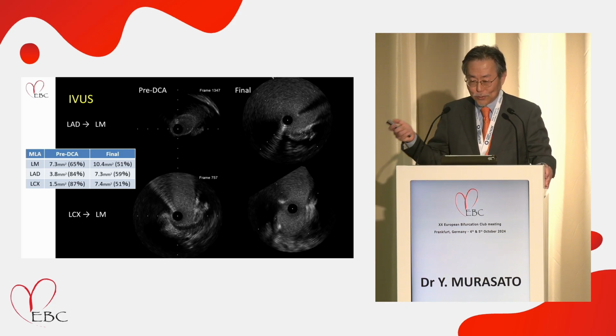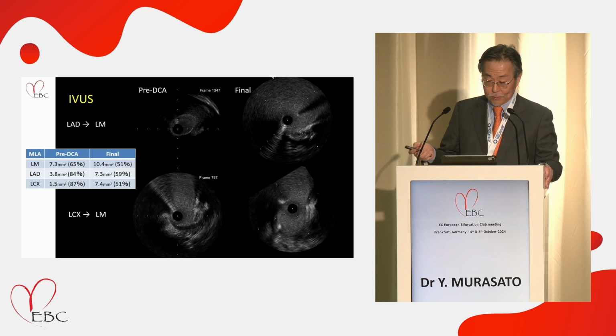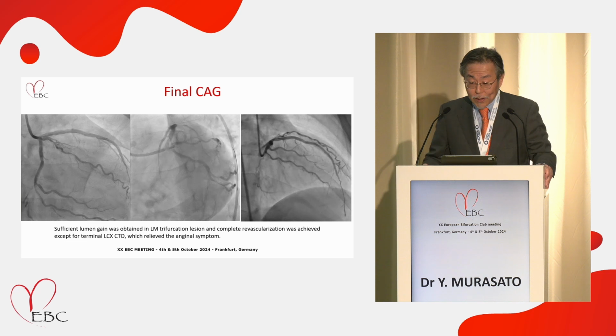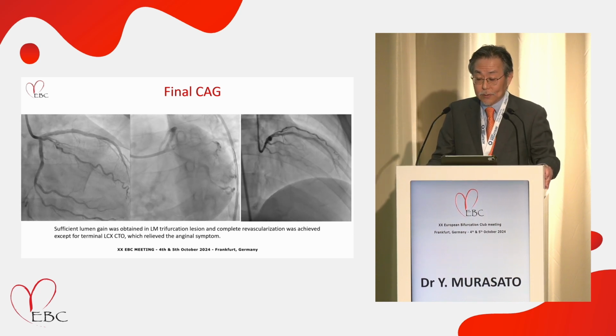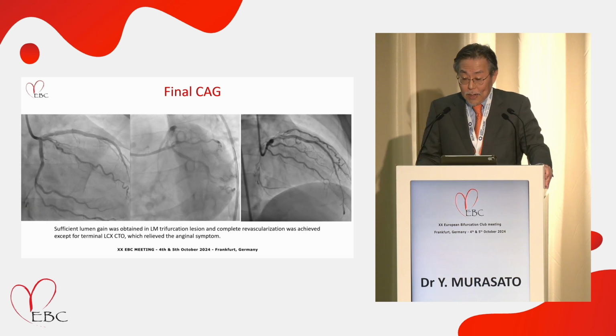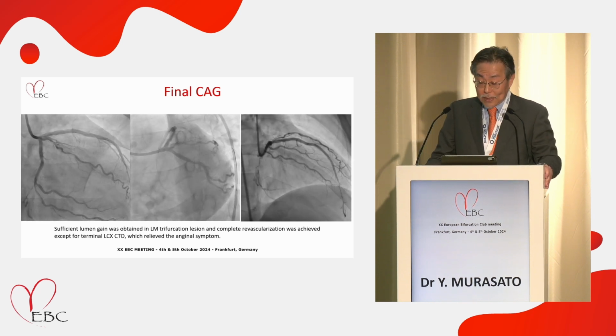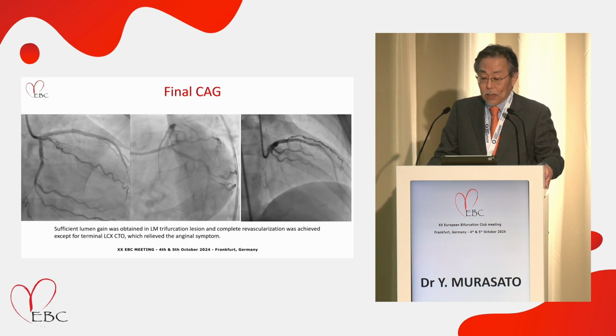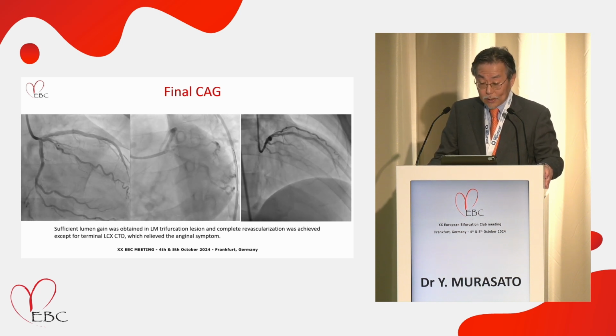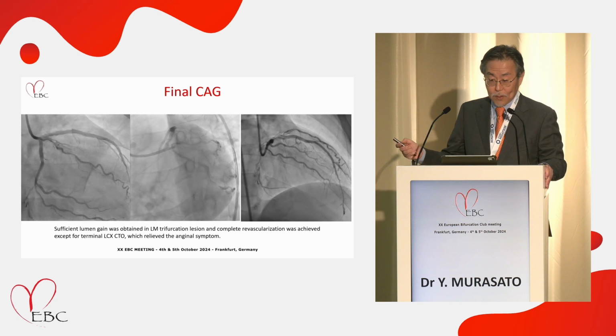It is like a stent-like finding. This is the final CAG. Here you can see sufficient lumen gain was obtained in the left main trifurcation region, and complete revascularization was achieved except for the terminal CX CTO, which relieves the anginal symptoms.